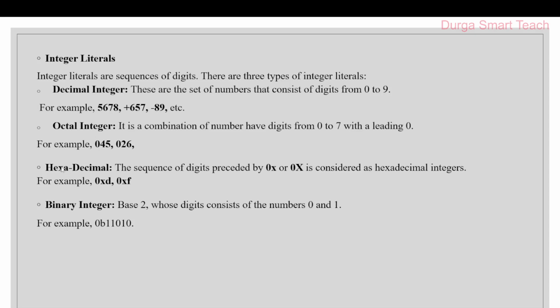Next one is hexadecimal number. Hexadecimal means 16. The prefix is 0x, whether it is small x or capital X. It will be considered as hexadecimal.